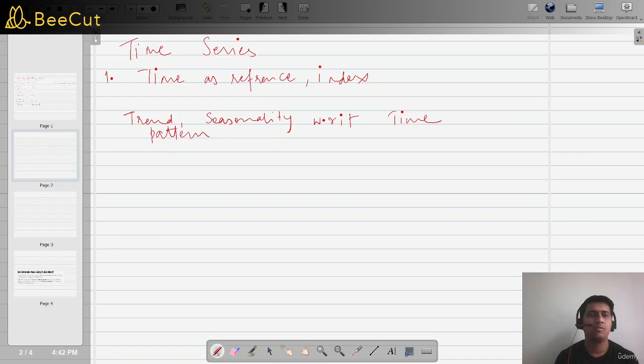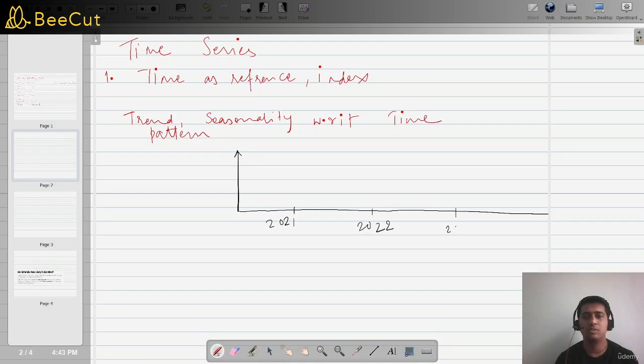If you want to plot a graph, this is 2021, this is 2022, this is 2023.